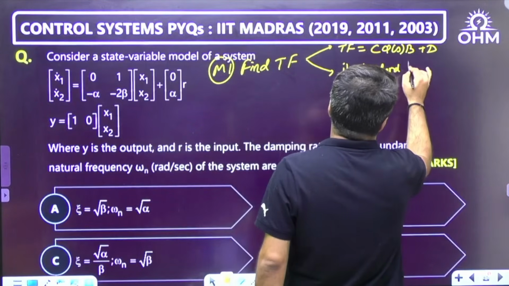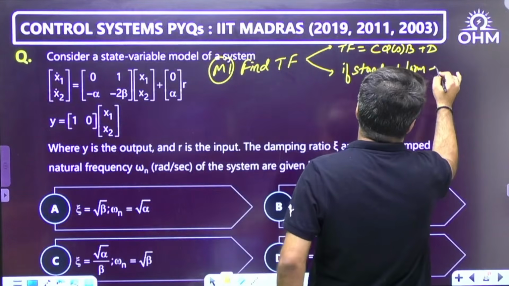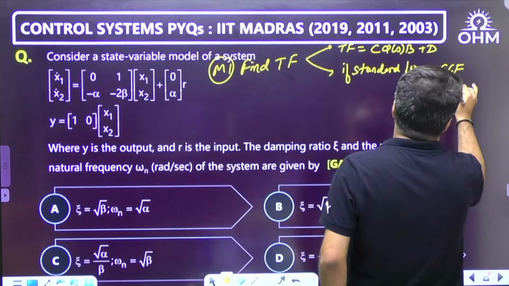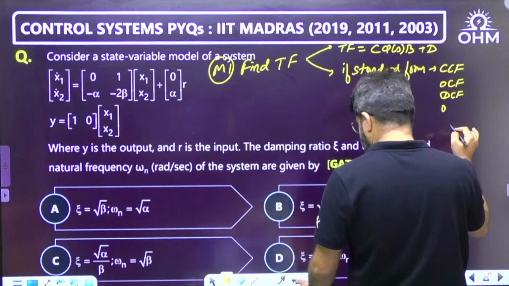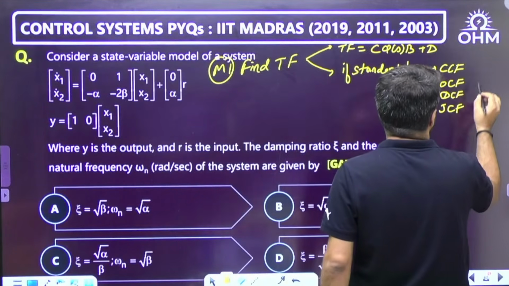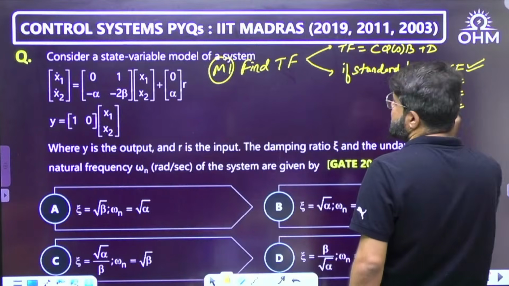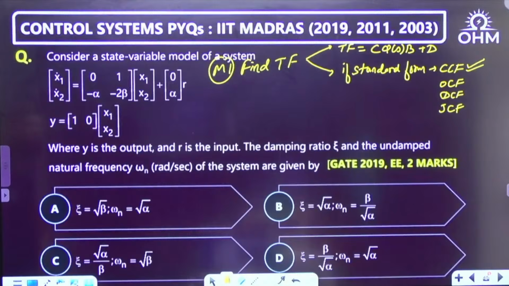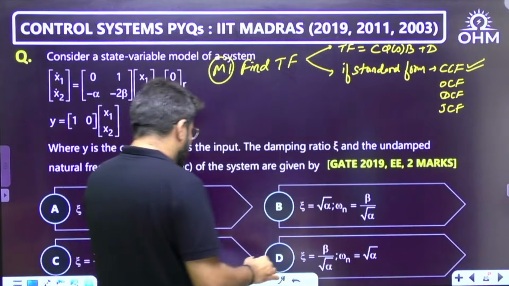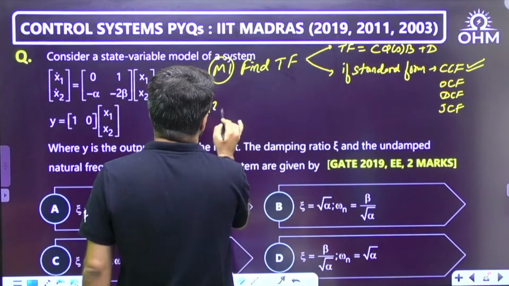And most commonly, if it is standard form, the type of questions that most regularly come to you is CCF. I will show you that this is CCF model. But right now for this question, what is method number two?